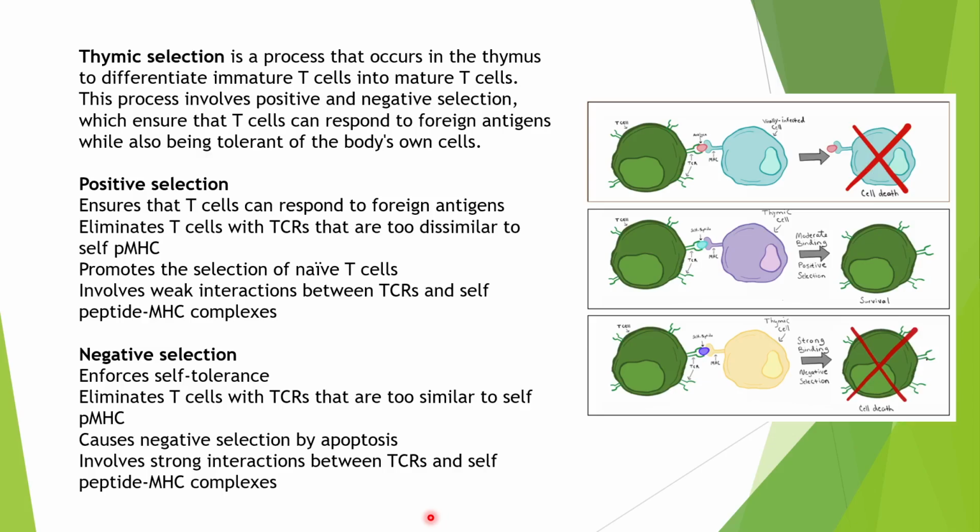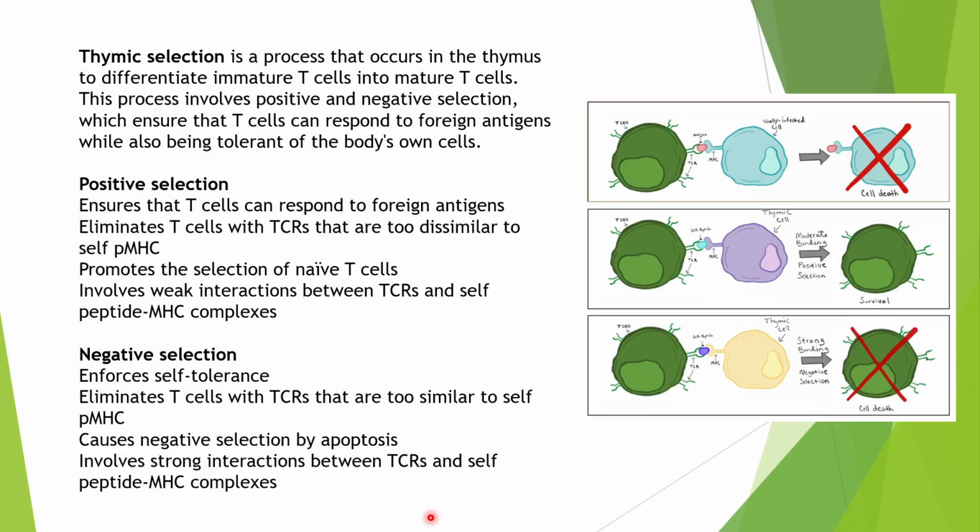Positive selection eliminates the T cells with TCRs, that is T cell receptors, that are too dissimilar from self MHC. So anything that is very dissimilar from yourself, your positive selection will try to eliminate, the TCRs. And then it also promotes the selection of naive T cells for maturation.